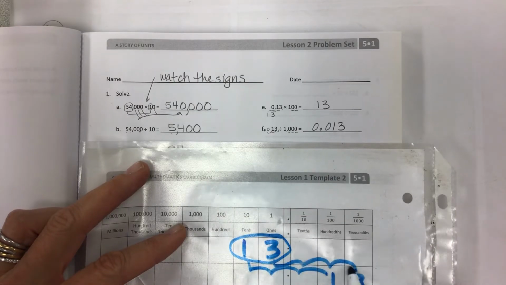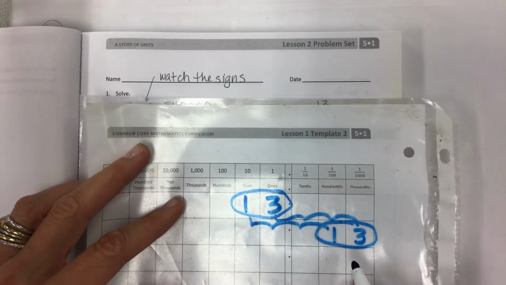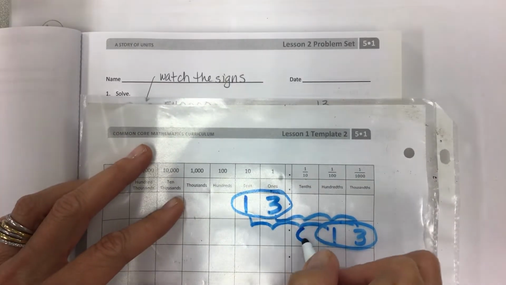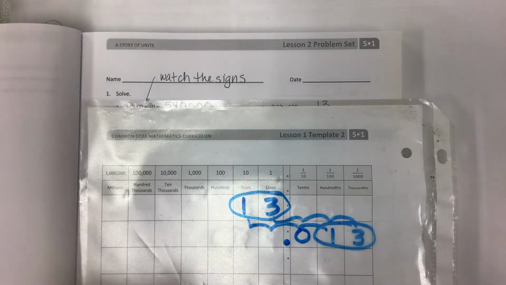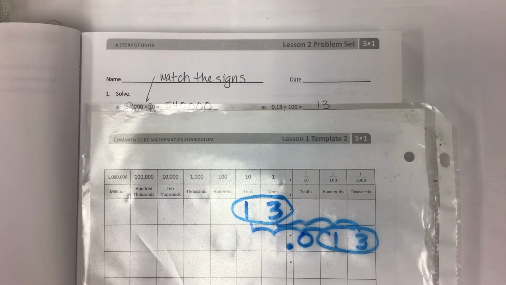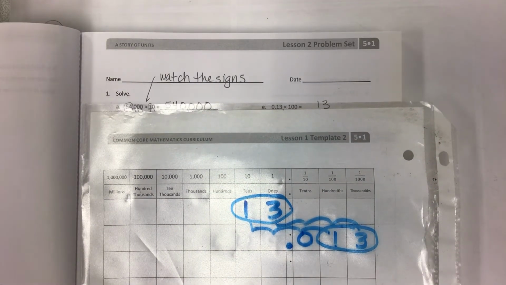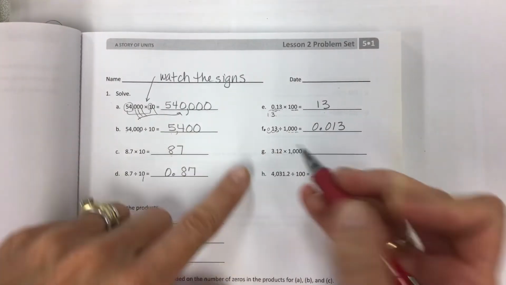If it's 13 here, it's going to be 13. Make sure you don't have a gap. But this place here, because it has no digit, we have to connect with the decimal. The decimal is your anchor to holding the value of that number, okay? So that's why you have to put the 0 here.